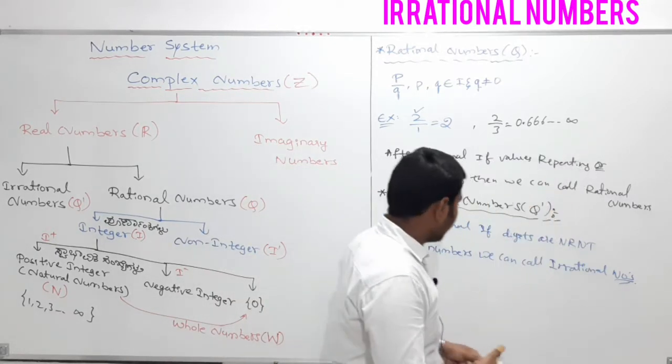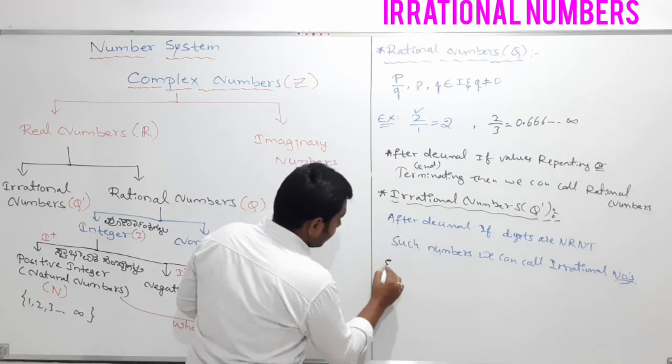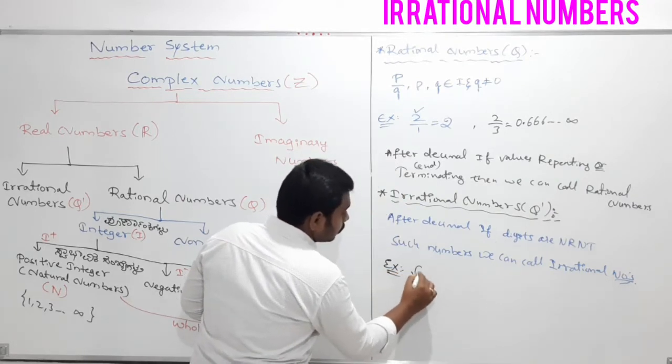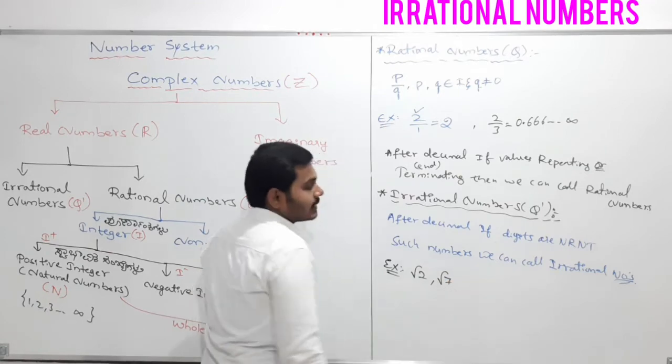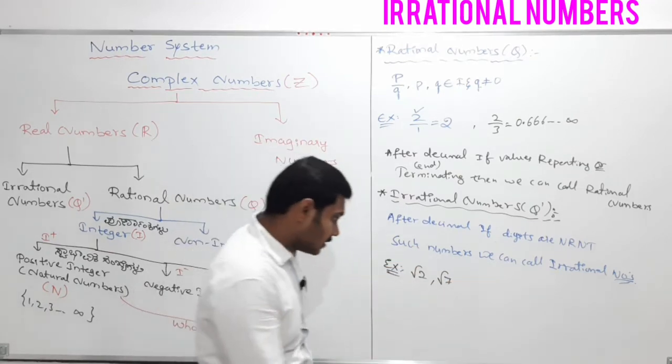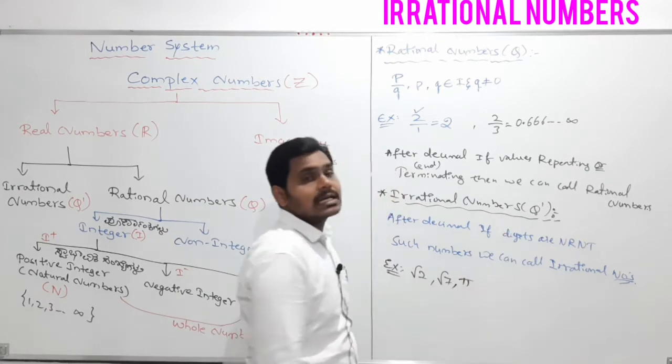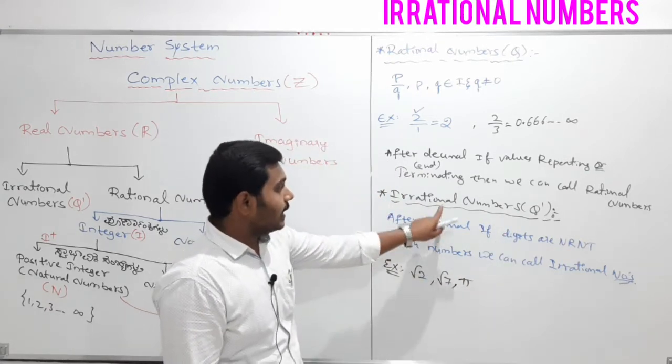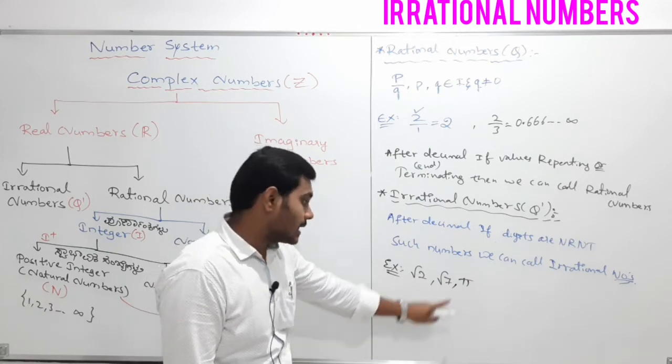For example, my dear students, you can take root 2 and root 7. These are all examples of irrational numbers. And even pi you can call an irrational number. Why is pi an irrational number?